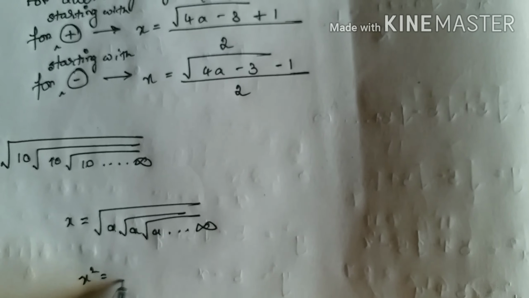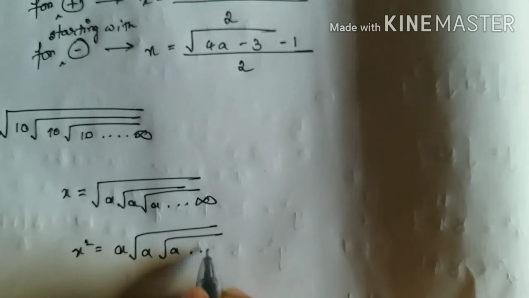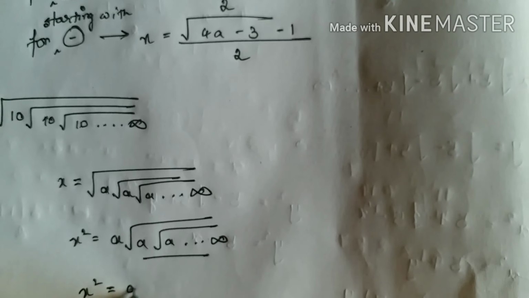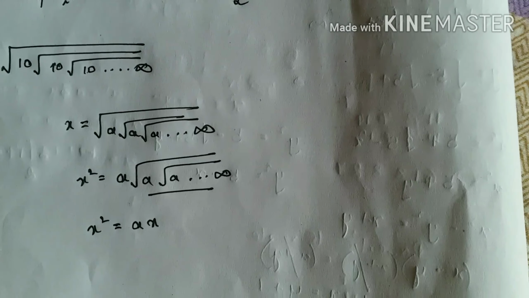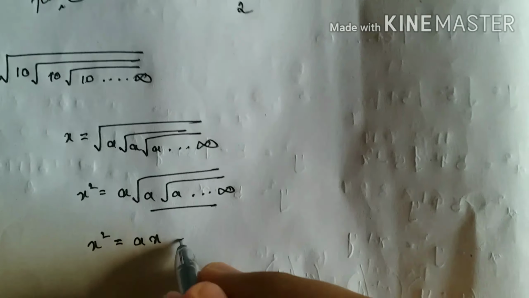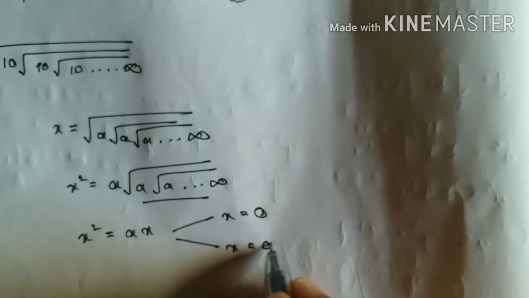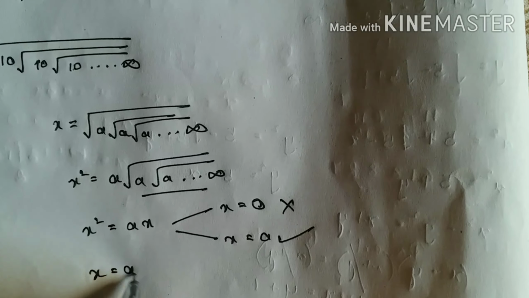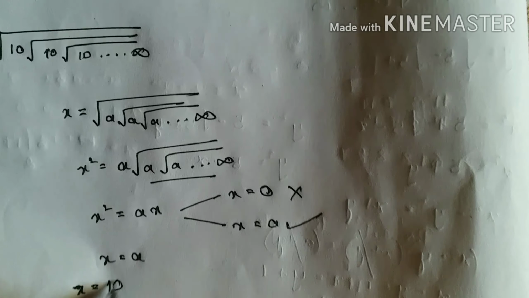X square is equal to a root over a root over a. This is x only, so x square is equal to ax. Now this will give us two values, x is equal to 0, x is equal to a. Reject this value, accept this one. So x is equal to a. So question number 7 answer will be x is equal to 10.